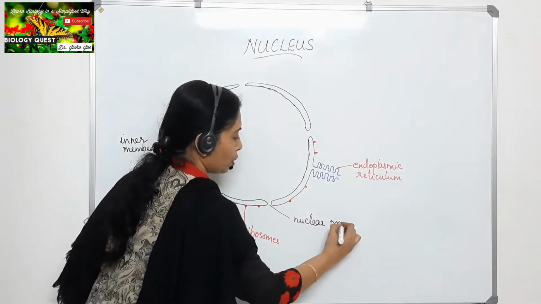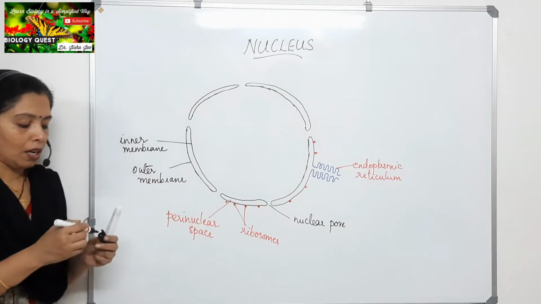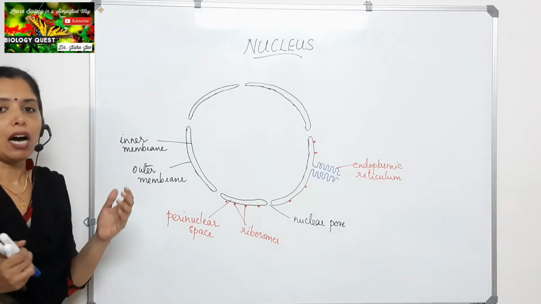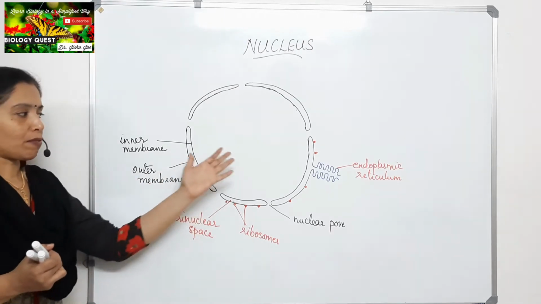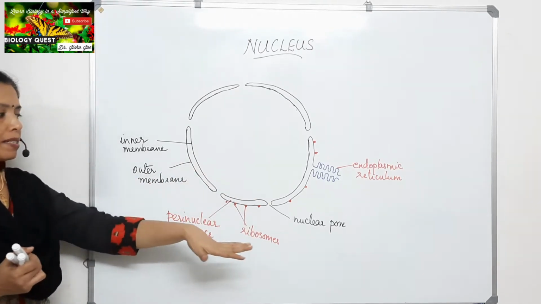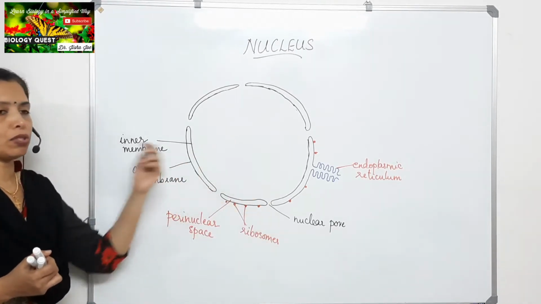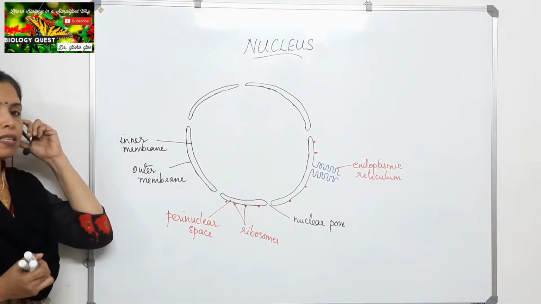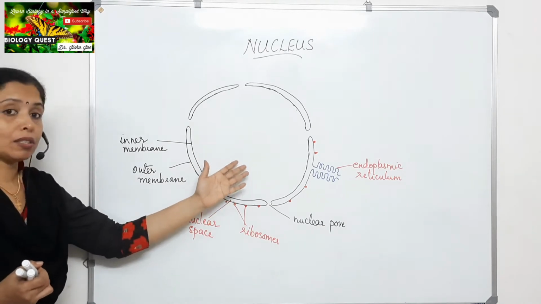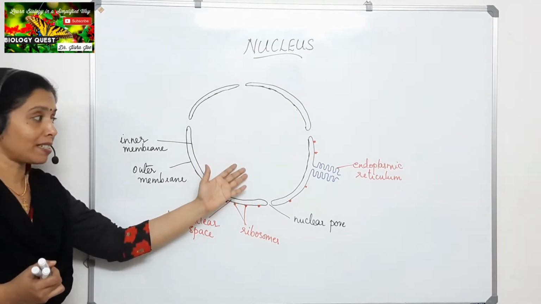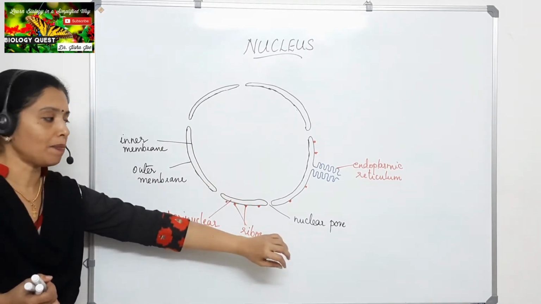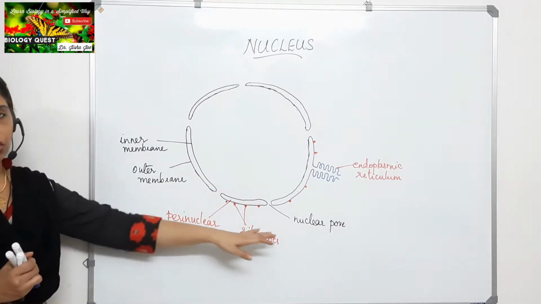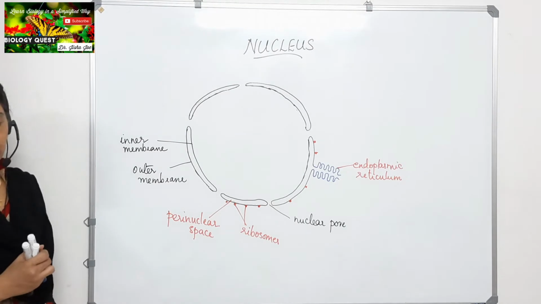The function of the nuclear pores is to help in the exchange of RNA and proteins and other substances from the nucleus to the cytoplasm, as well as from the cytoplasm to the nucleus.